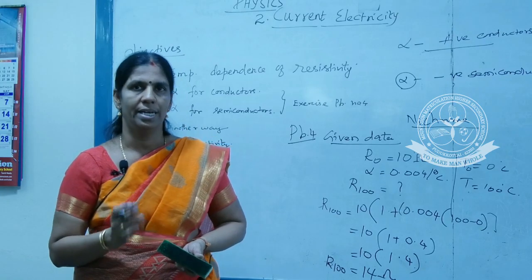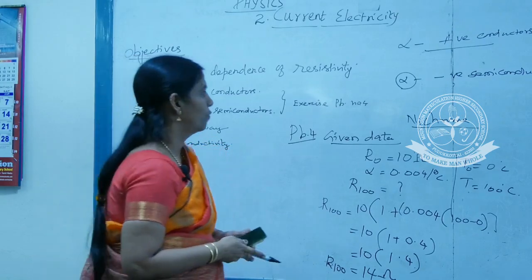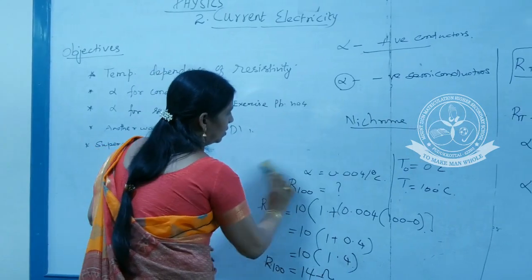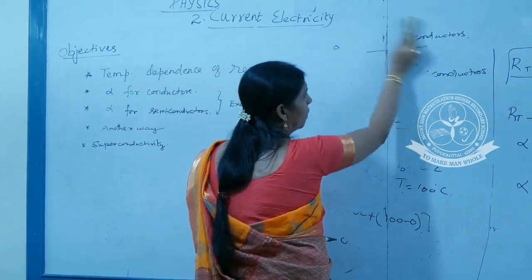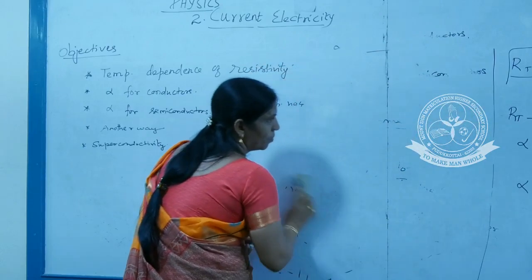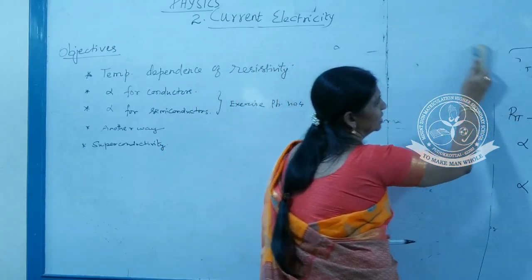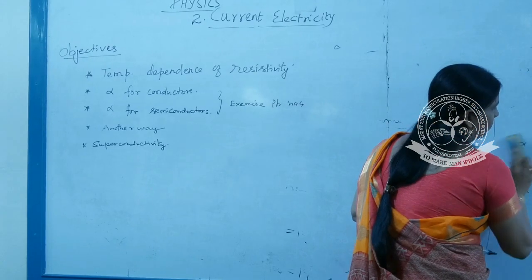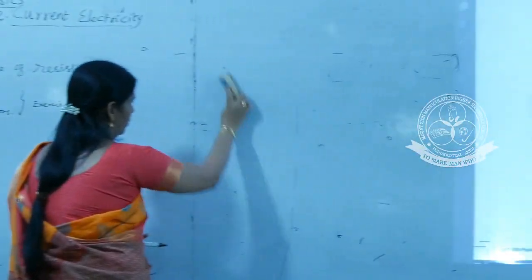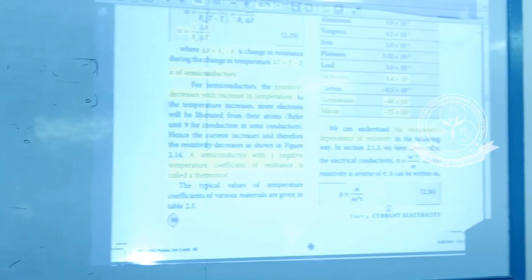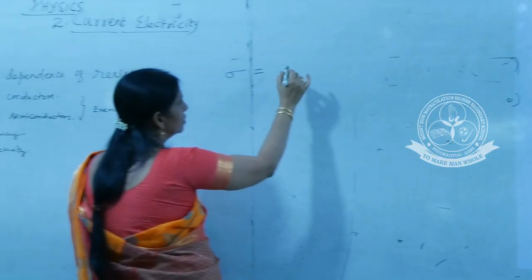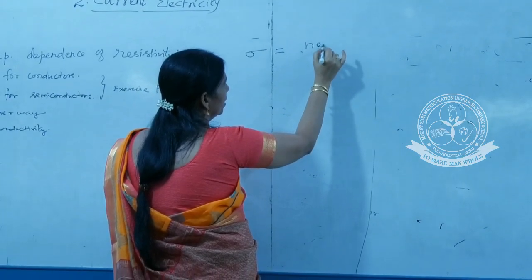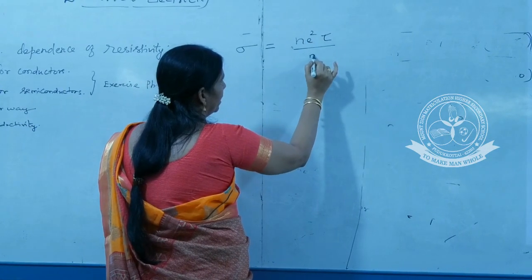What is sigma? It is conductivity. So we know that sigma is given by the expression n e squared tau by m.